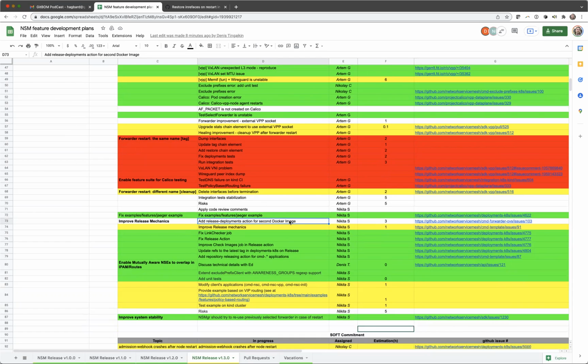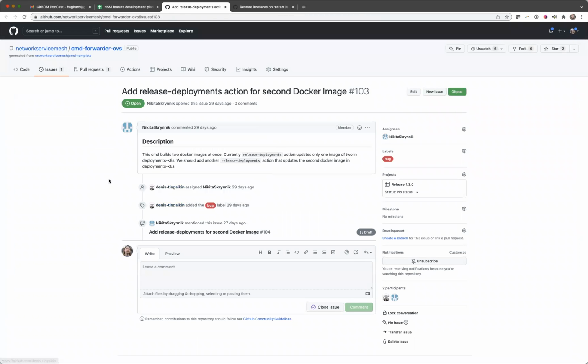And then remind me what's going on with the add release deployment action for Docker images, for the second Docker image. Oh, it looks like an improvement for releasing.